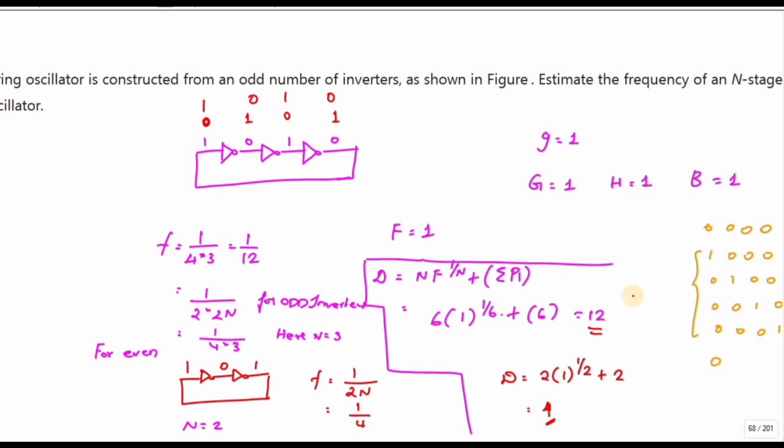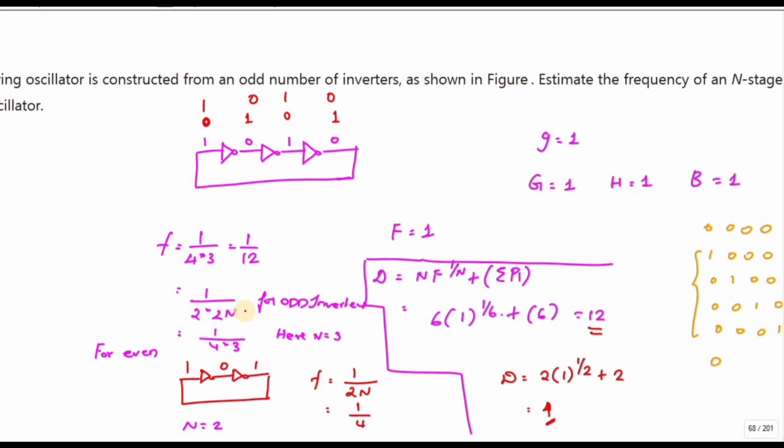So the answer is, in other words, for even number of inverters, f is equal to 1 divided by 2n. Okay. So f is equal to 1 divided by 4, so delay, inversion of delay is frequency. So f is equal to 1 divided by 4. Okay. So for odd number of inverters, it is nothing but 1 divided by 4n.